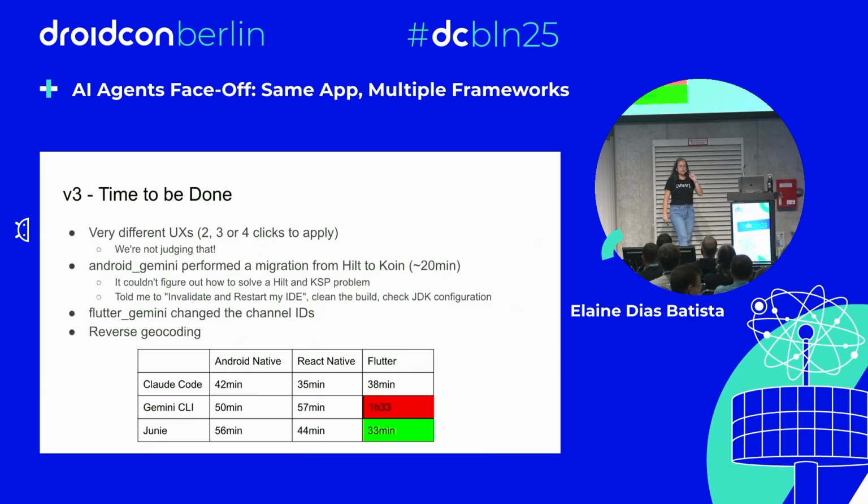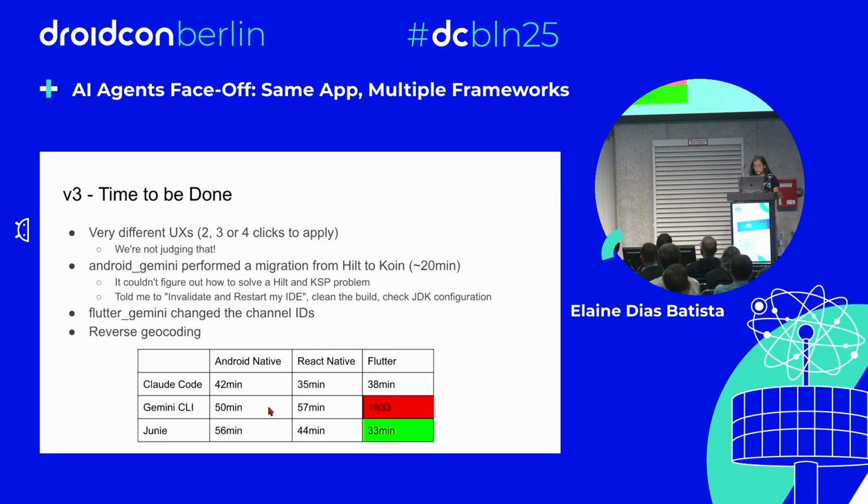The UXs, as I said, I was not evaluating at all, but they were really different because sometimes there were dialogs, sometimes it was inside the UI, and so on. So the UX was completely different for the filtering and sorting.